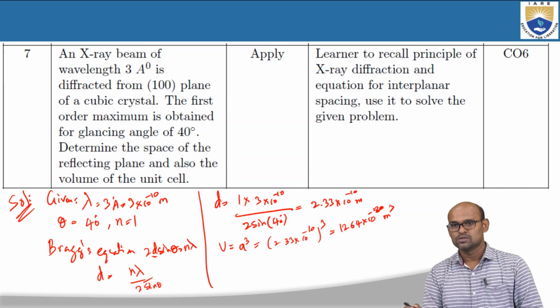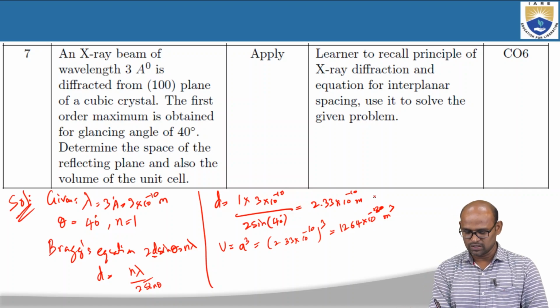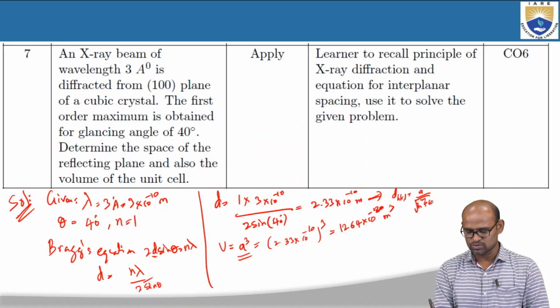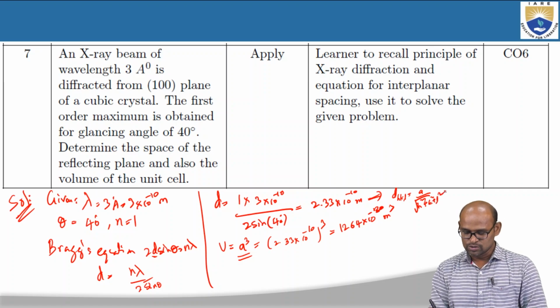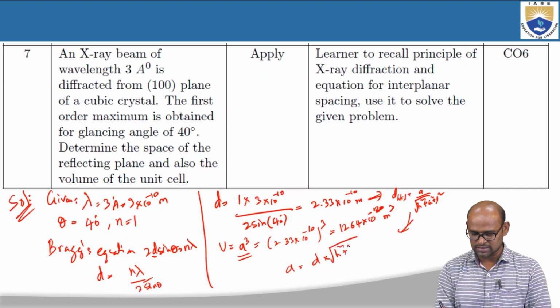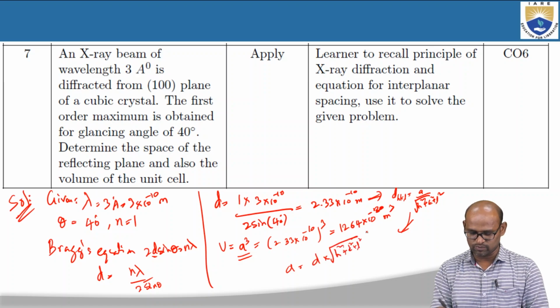So from this, actually we need a. So we need to calculate a. Here we know only d. So from d, d hkl is equal to a by square root h square plus k square plus l square, right? So using this formula, you can calculate a. So a is equal to d into square root h square plus k square plus l square. So that is how we get a.